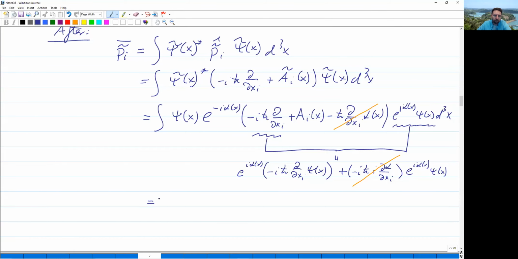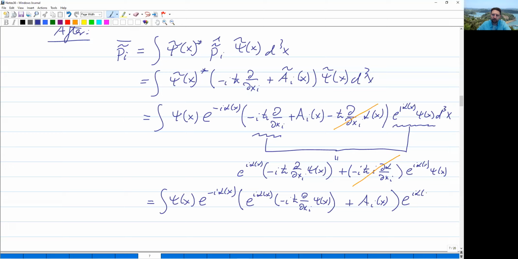What we have left over is the integral of psi of x and then e to the minus i alpha of x. And then we have this term left over, so that's a term e to the i alpha of x and minus i h bar d by dx_i psi of x. And we have this term here, so plus A_i of x. And all of that is multiplying e to the i alpha. No, sorry, that term is already in.